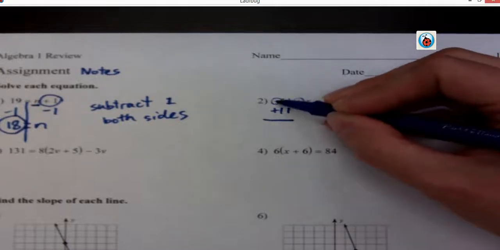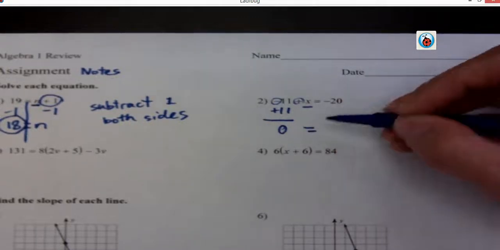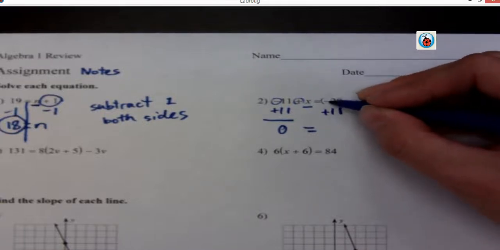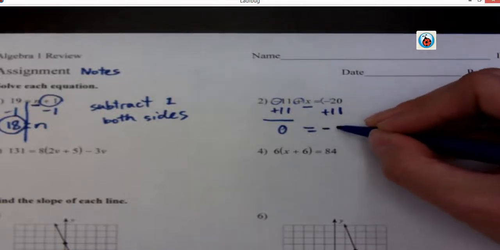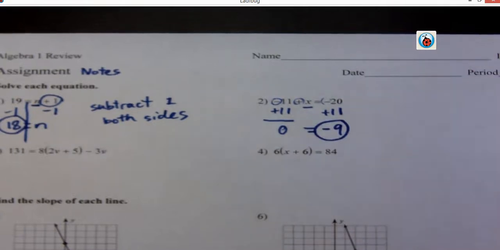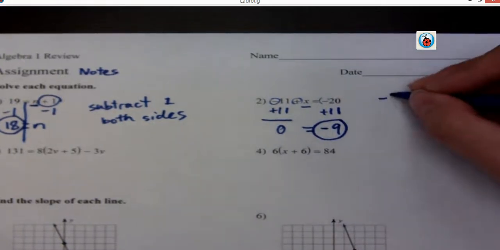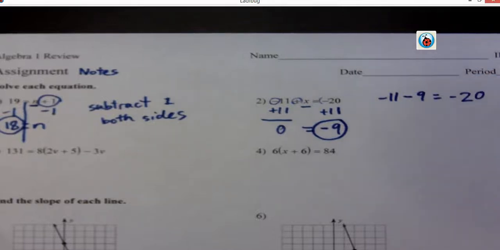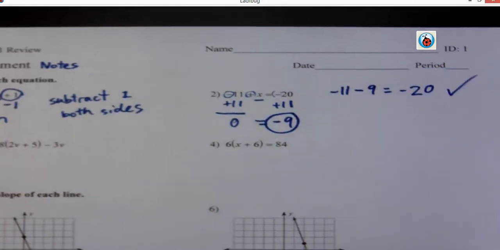That's going to equal out to 0. And then we do the +11 on this side. So when we have a -20 plus 11, that leaves us with -9. And so our answer is -9. We could come back and check and make sure -11 minus 9 more, does that equal -20? And yes, it checks.